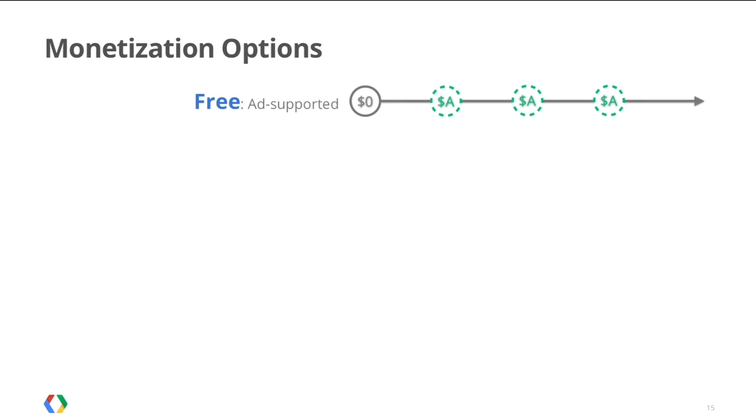Let's start with free. As we all know, users like free. It gives you the lowest barrier to entry for users to at least try out your application. In terms of monetization, free typically means ad-driven. Your app is downloaded for free, but you could be earning indirect revenue through advertising throughout the lifetime of the application.